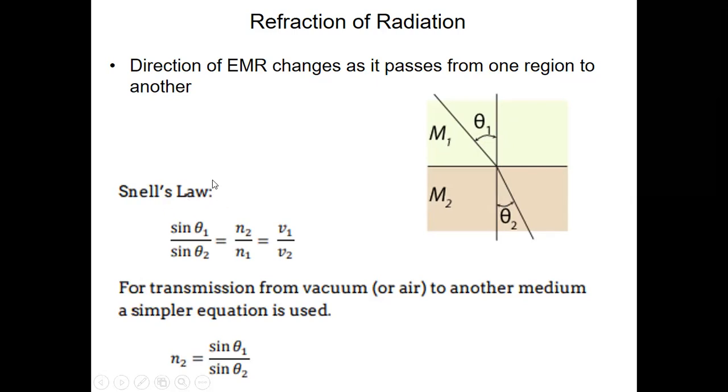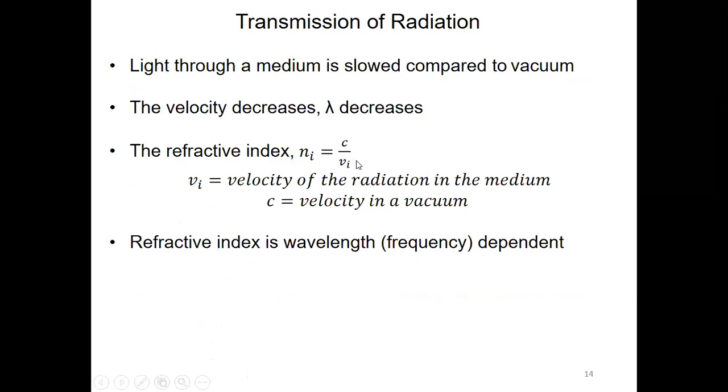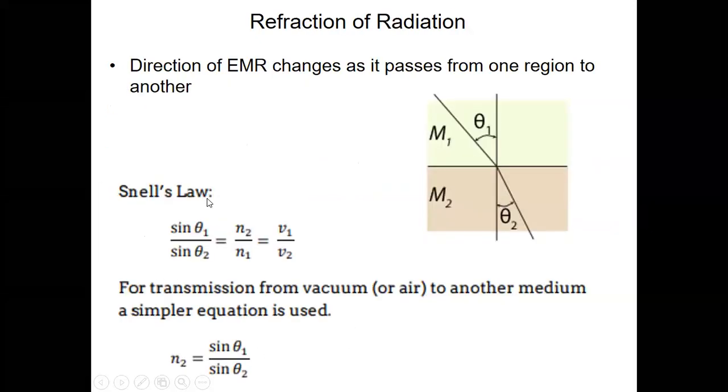According to Snell's law, sine theta 1 over sine theta 2 equals n2 over n1, where n is the refractive index of the medium. It also equals the ratio of velocities, because the refractive index and velocity of the medium have an inverse relationship. That's why n2 over n1 equals v1 over v2.